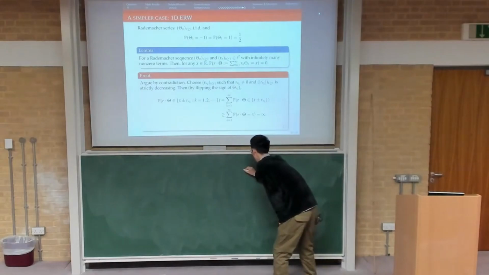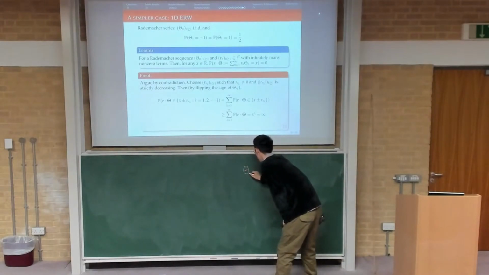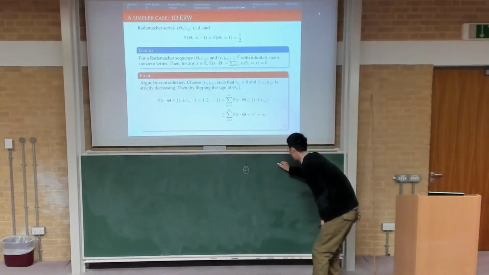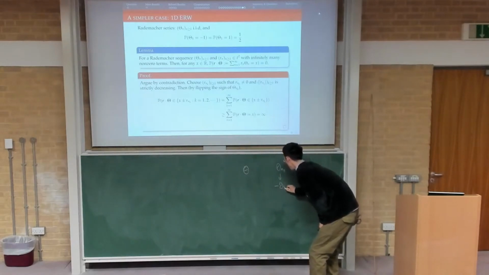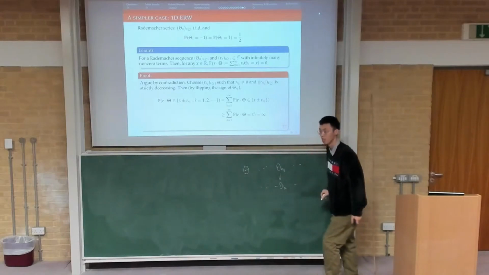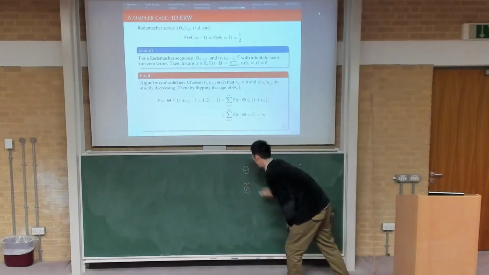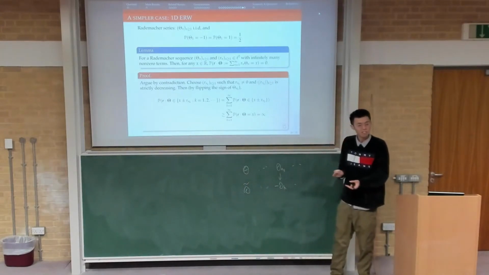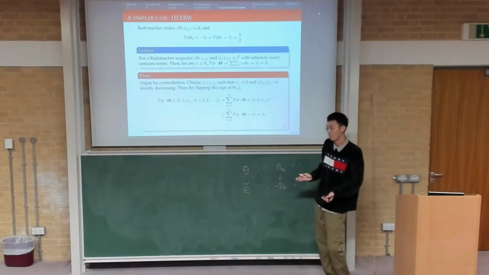we're considering theta. If we replace theta nk by minus theta nk, and all the other elements remain unchanged, this does not affect the distribution of theta.